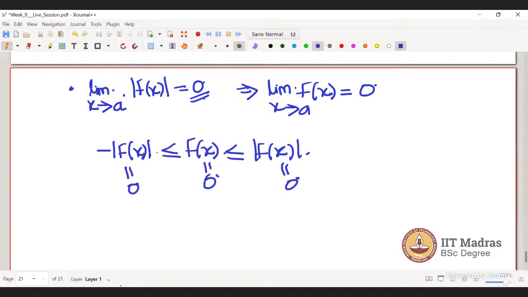It's the same thing you can apply for a 2 variable function, because your codomain is certainly R. So you are not taking R square. In R square, this mod has a different meaning. So unless you are in R, you can do the same trick. Is it clear how you can do it now?